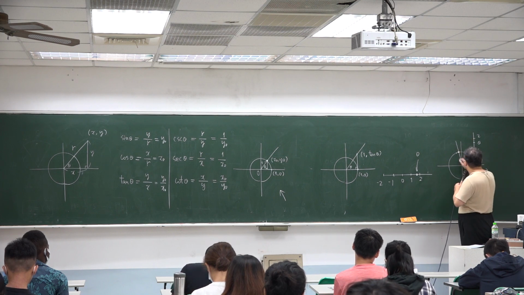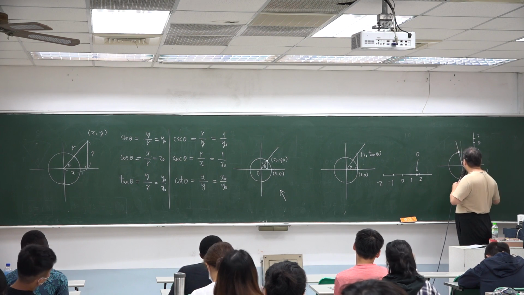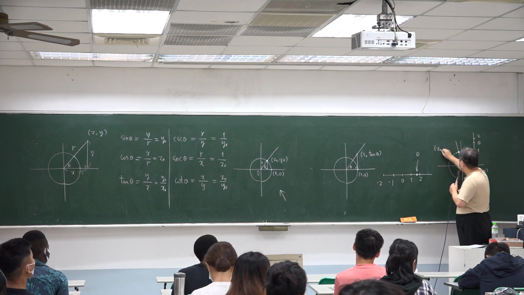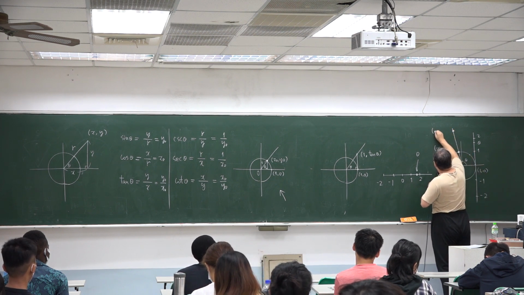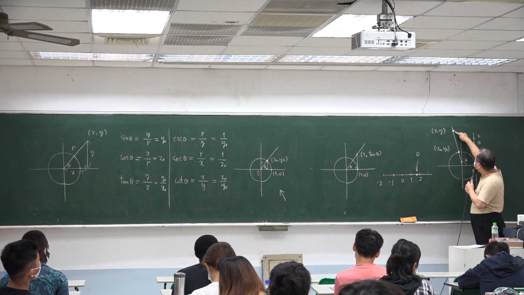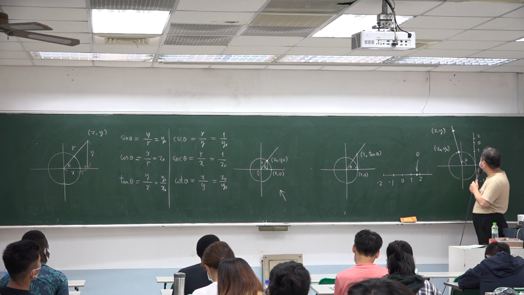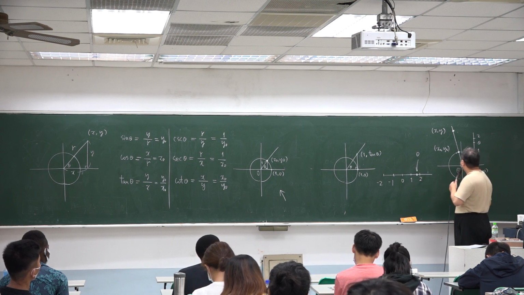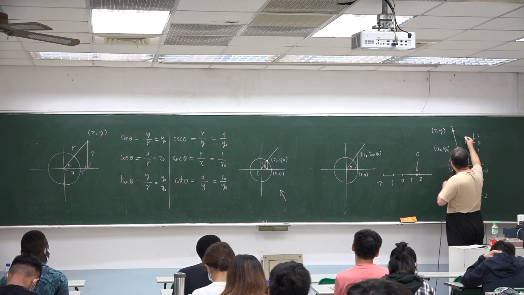So again, the coordinates of the point, which is the intersection of the ray and the unit circle, has two coordinates x naught, y naught, or some points in this array with coordinates x and y. And suppose the distance between the origin and this one is r.